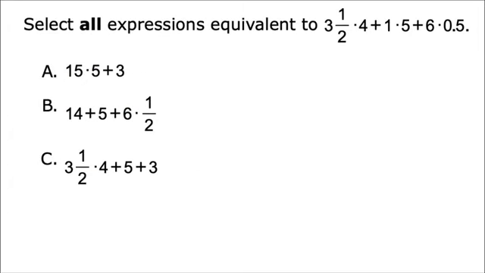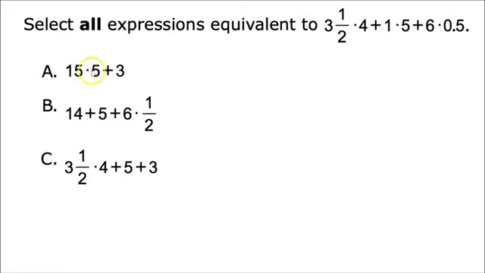Here's the next problem. Select all expressions equivalent to 3 1/2 times 4 plus 1 times 5 plus 6 times 0.5. And you have to see whether or not this expression is equal to these expressions that are listed here.